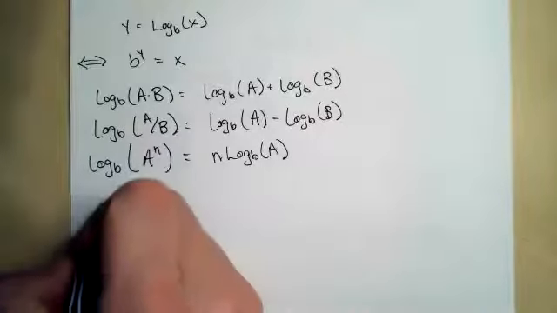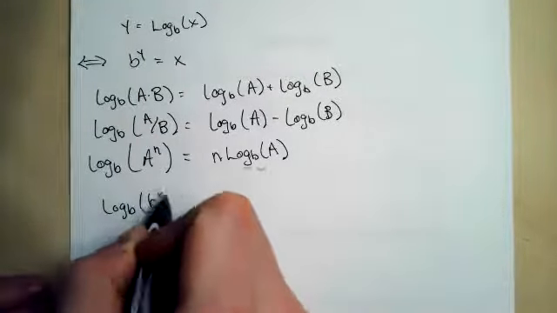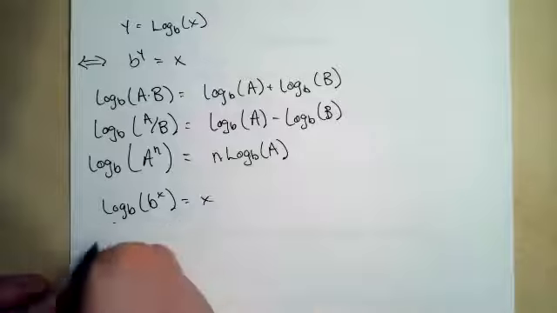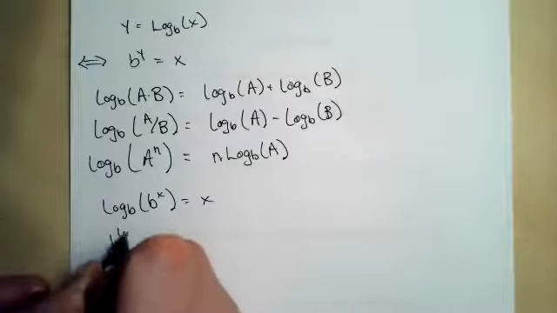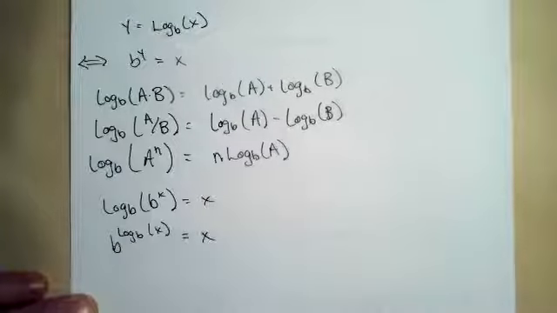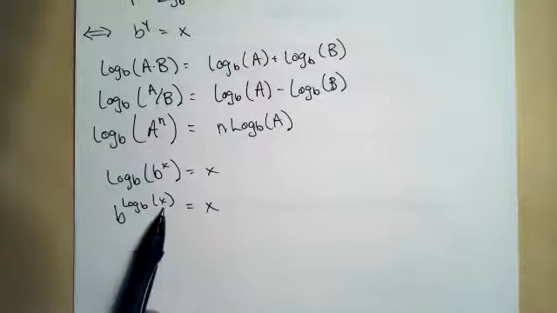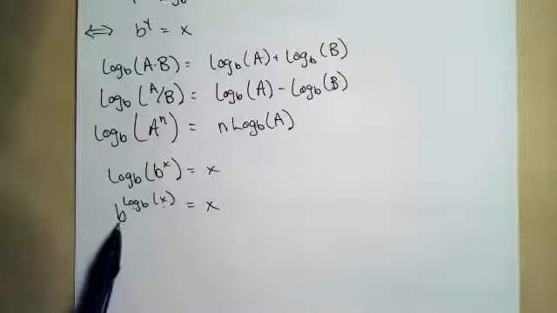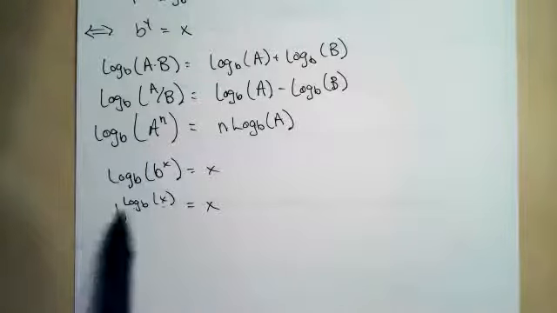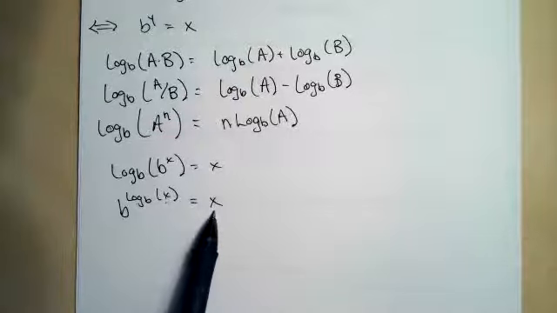You should also remember that log base b of x is x, and likewise b to the log base b of x is x. Logs and exponents are inverse operations. They undo each other. So whatever argument I put in here, I apply a log, then we exponentiate it. Those undo, and we get back the original number we input.